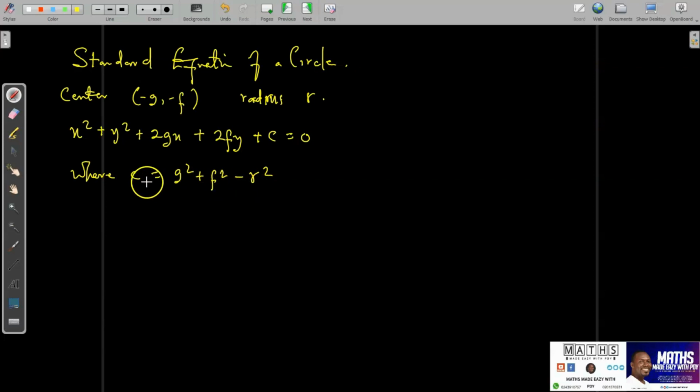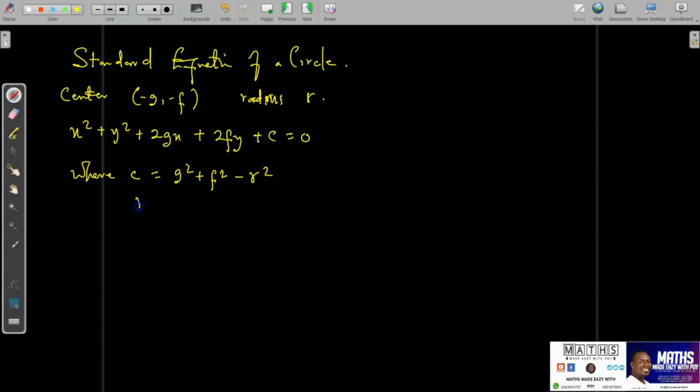In this case, from this expression, we can make r the subject. Making r the subject, we obtain it as a simple switch. We move the r squared to where the c is, and the c will come to where the g and f are.